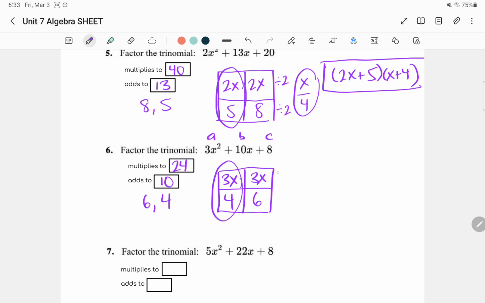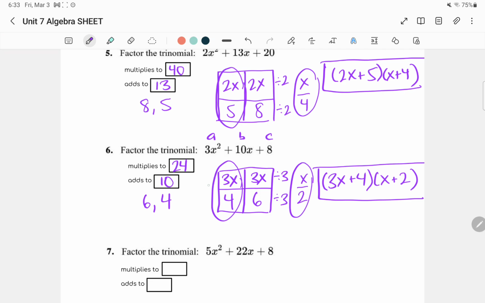This does not simplify, and this can be divided by 3. Notice the pattern here. All of these, one of them can be simplified, the other one cannot. I can't tell you it's always going to be like that, but so far it has been. So we have 3x over 4 and then x over 2. So inside my parentheses are going to be 3x plus 4 and x plus 2.